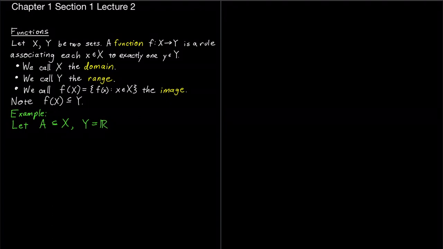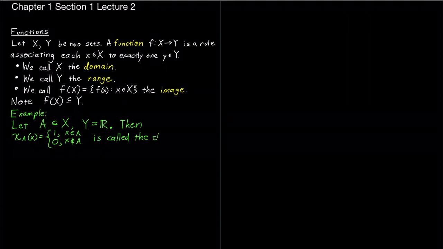Let's use the real numbers, and then this function, chi sub A of x, this function is 1 if x is in A, and it is 0 if x is not in A, is called the characteristic function of A.